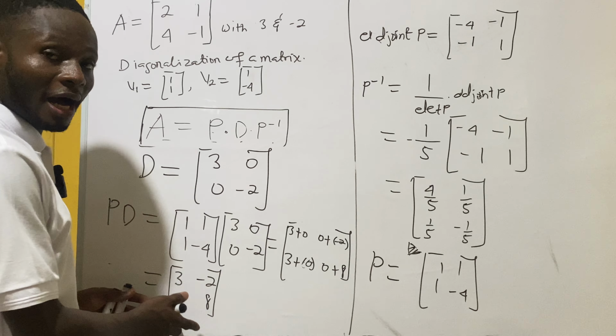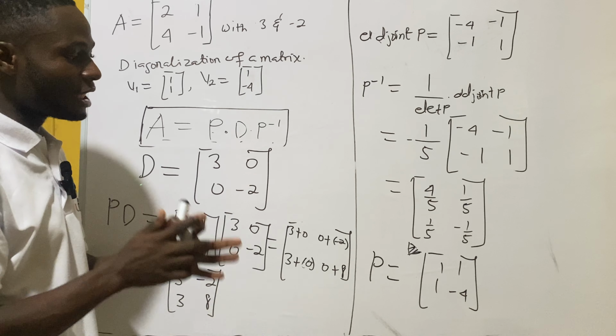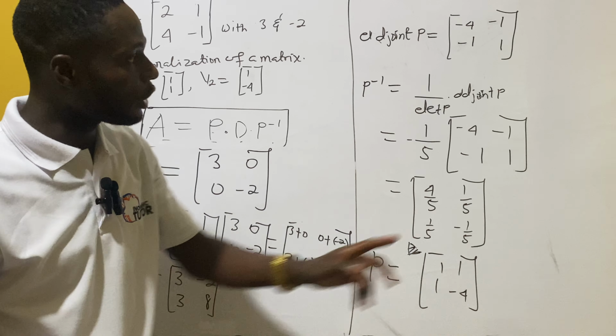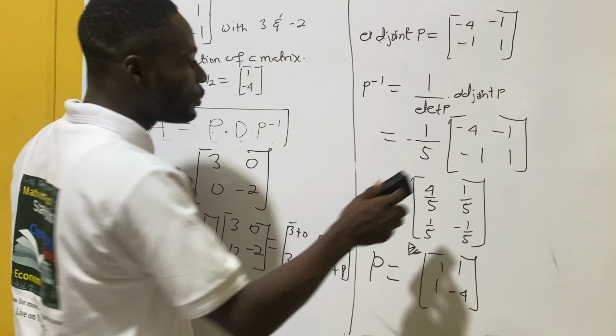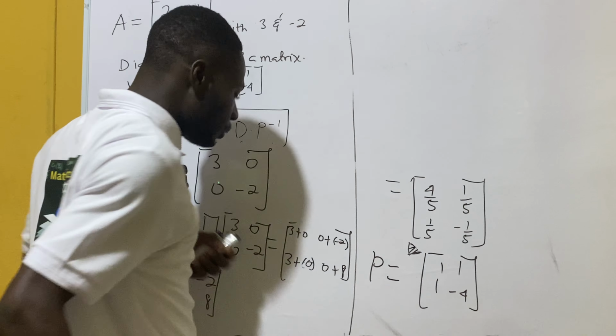Once we have the PD, we can go ahead and multiply it with the inverse of P, and that is what we have right here. So let's do that computation.